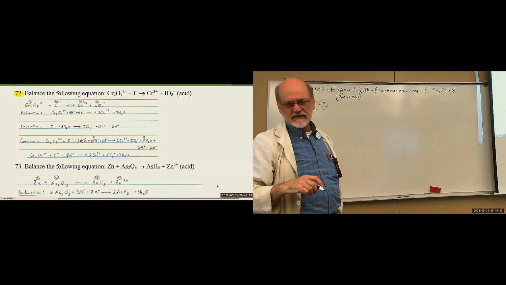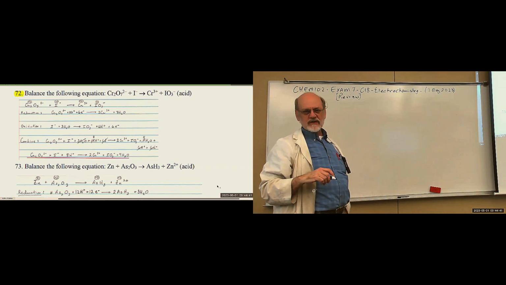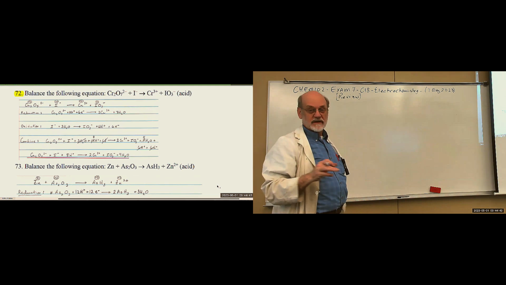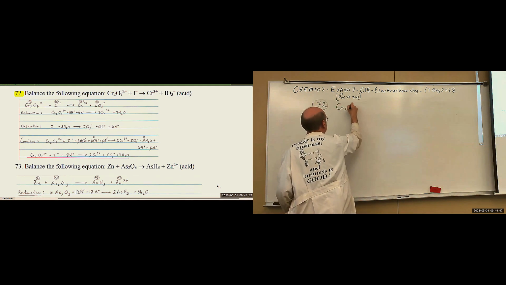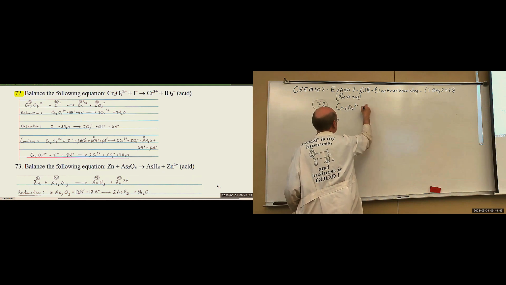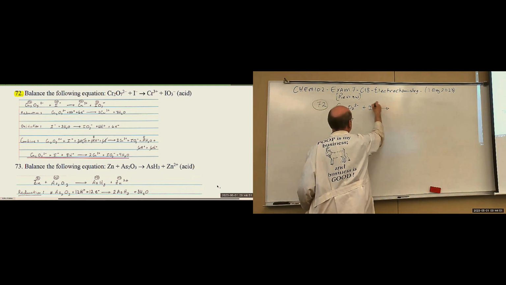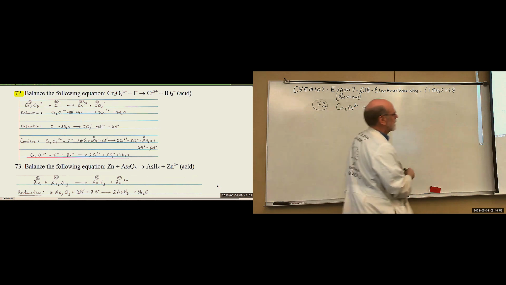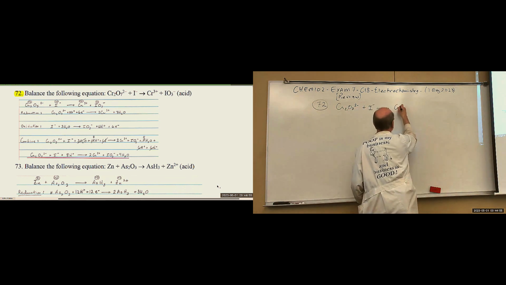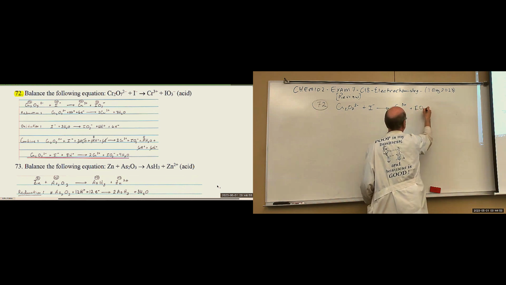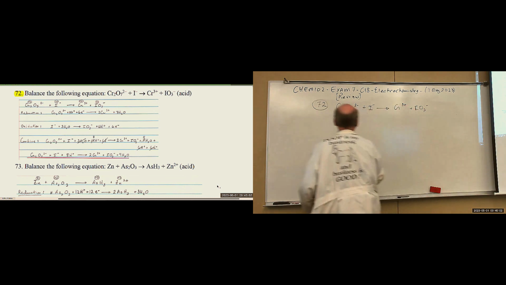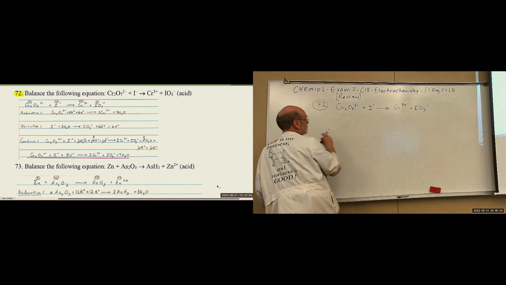We're given this unbalanced equation in an acidic solution: dichromate plus iodide yields chromium 3+ plus iodate. Okay, so we need to do oxidation states.